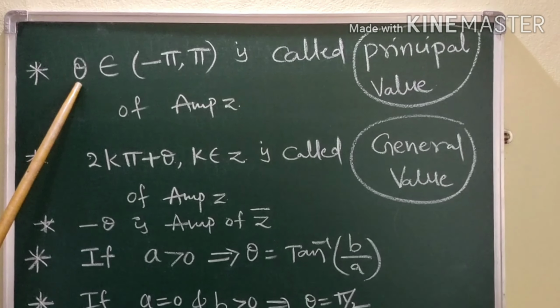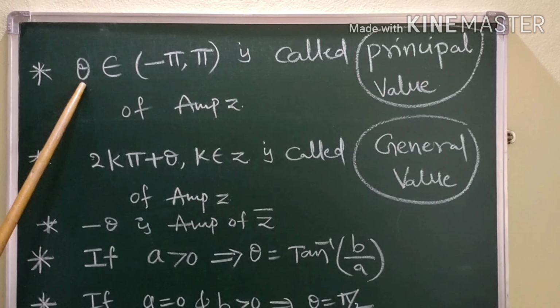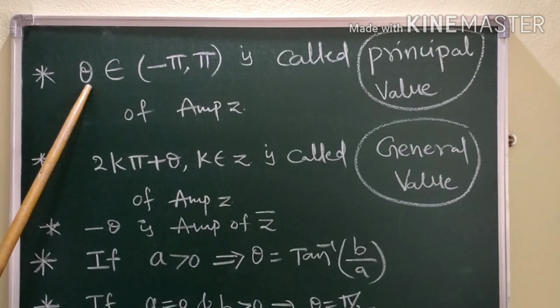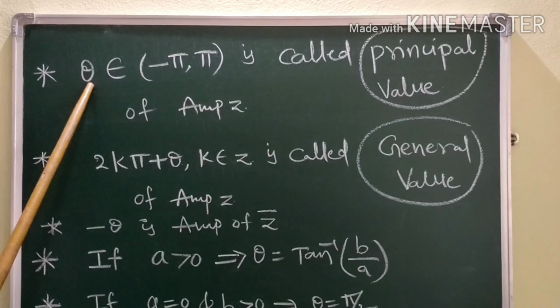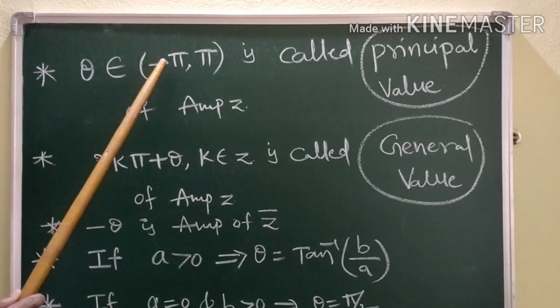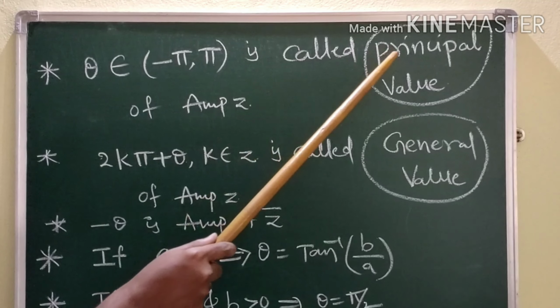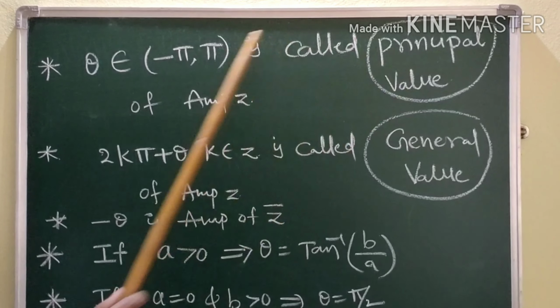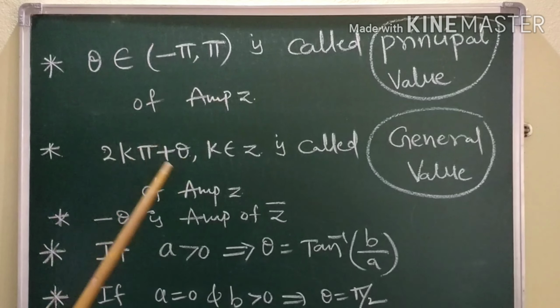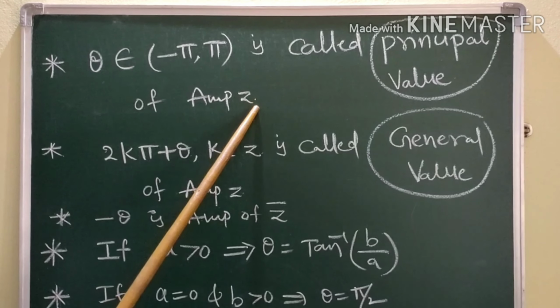Theta is nothing but the amplitude of z, as we just discussed. When theta belongs to the open interval minus pi to pi, it is called the principal value of the amplitude of z.